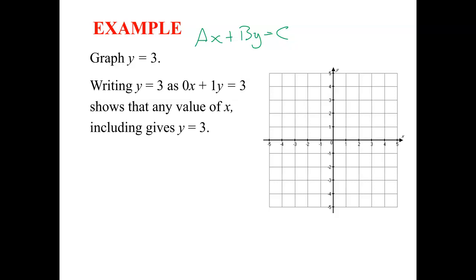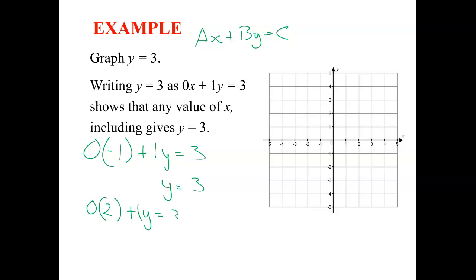I could plug in -1 for x. I'm still going to get y equals 3. I could plug in 2 for x. I'm still going to get y equals 3. So regardless of what x is, I always get the same value for y, which means I'm going to have what type of line?